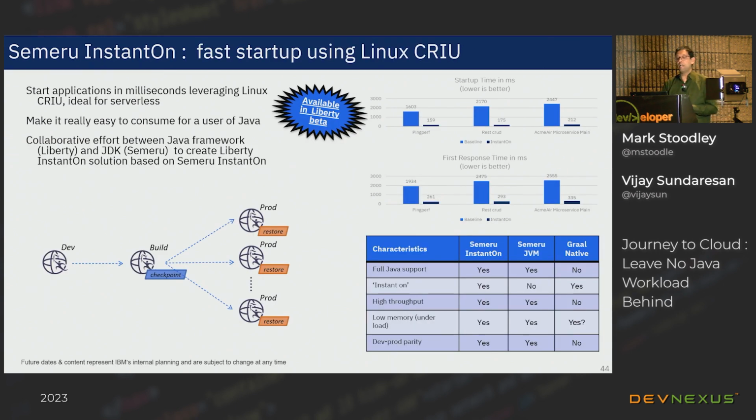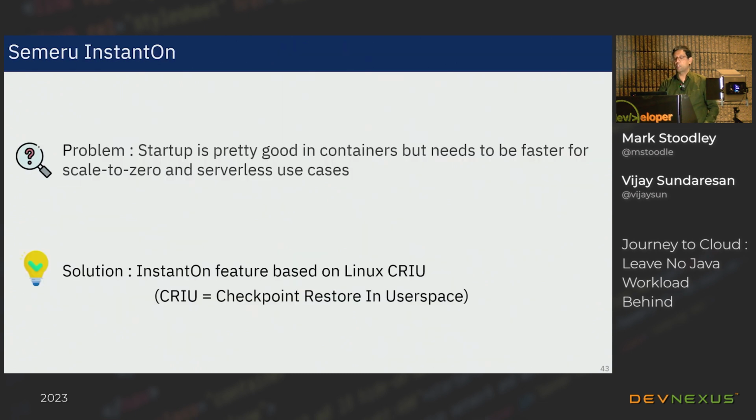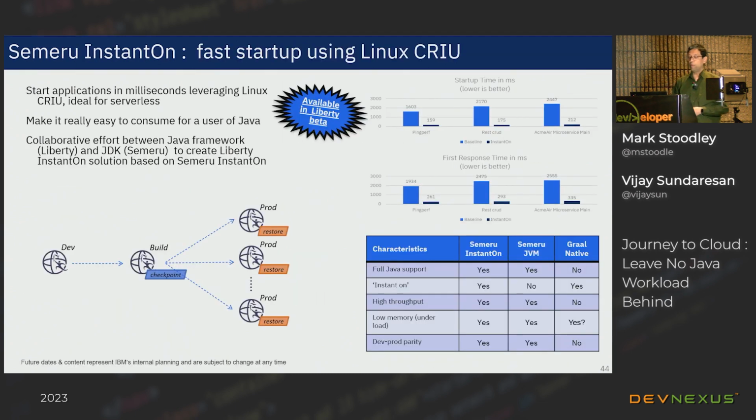What this is that we'll be able to use the Linux CRIU technology to be able to start an application in milliseconds instead of seconds. If you look at the graphs back here, this application is starting in about 5 seconds in the best config. But if you want to start in milliseconds, that's where Semeru Instant On comes in.